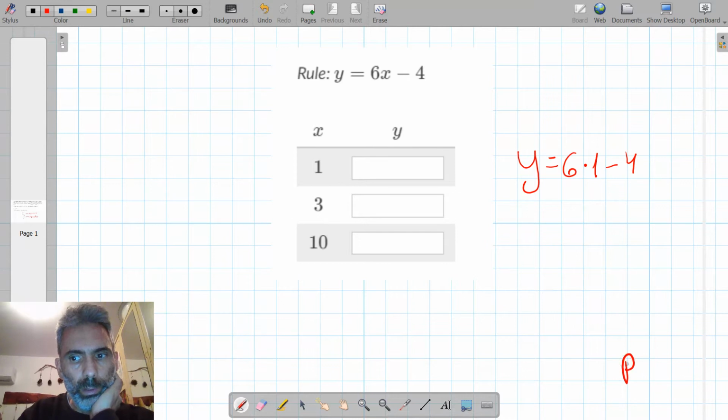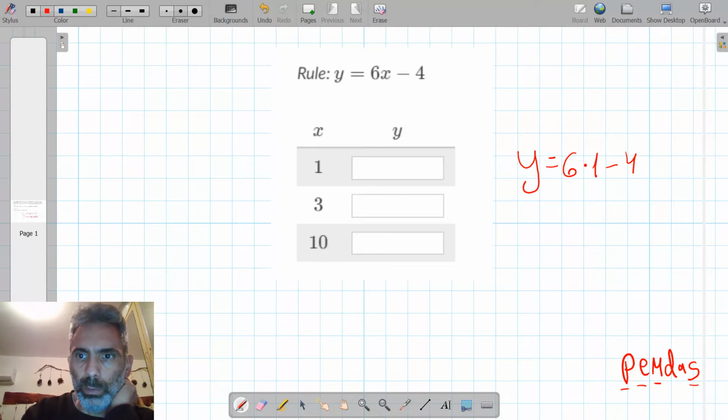It's important to remember the order of operations. We don't have parentheses, we don't have exponents, but we have multiplication, and it comes before subtraction. So 6 times 1 is 6, minus 4 is 2, so if x equals 1, then y equals 2.